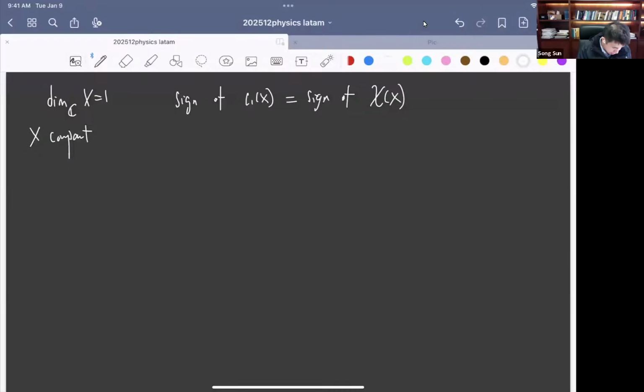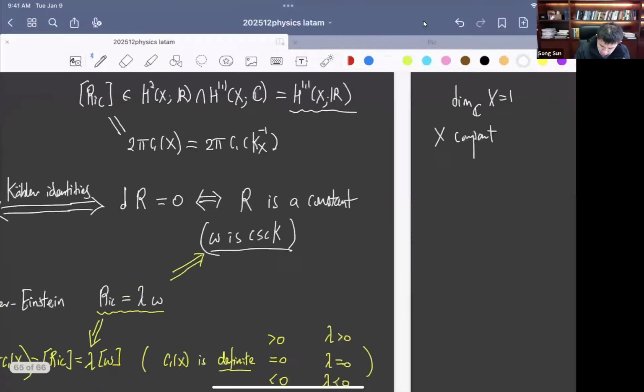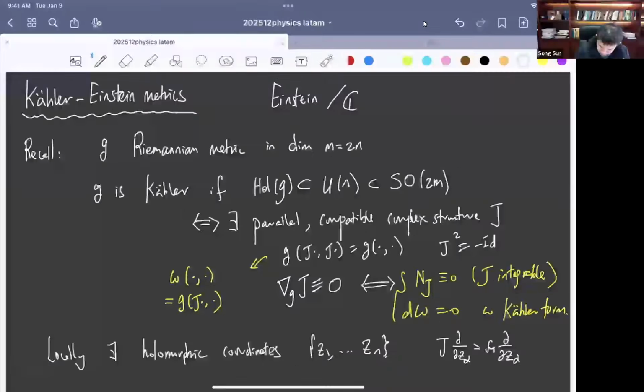The two-dimensional metric is always Kähler. Mention this: if n equals 1, or real dimension equals 2, U1 is the same as SO2. So a two-dimensional metric is always Kähler.